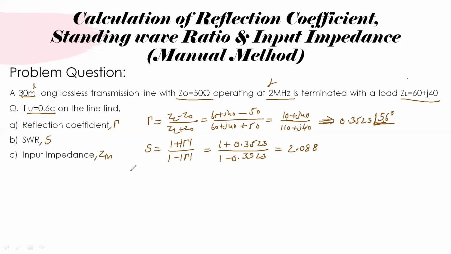The next value you need to identify is Zin. If you recap, the Zin formula is Zin equal to Z0 times (ZL plus j Z0 tan beta L) divided by (Z0 plus j ZL tan beta L).